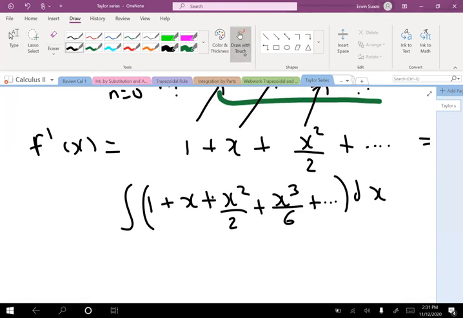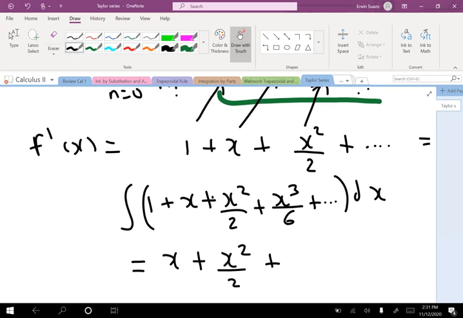So maybe you could say, well, the only natural thing I can imagine doing is finding the integral of each term one by one. So you'll get, what is the integral of 1? x. And what is the integral of x? x squared over 2.